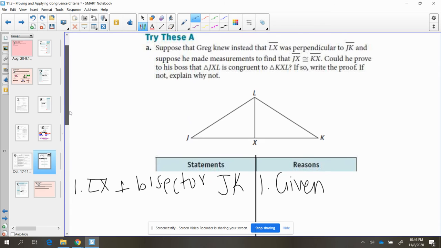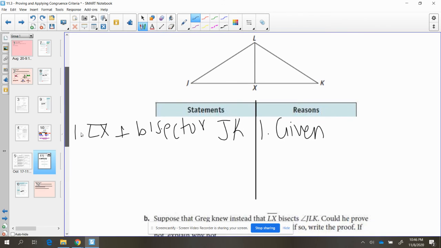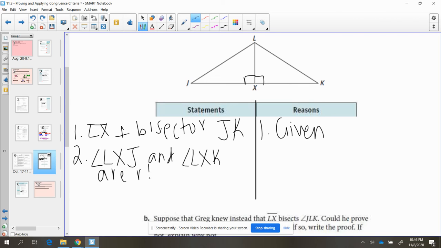Now from here, we know a couple things based on this. But basically what we know is that if these are perpendicular, we have two right angles. So we know that angle LXJ is a right angle, and we know that angle LXK are right angles. Okay?